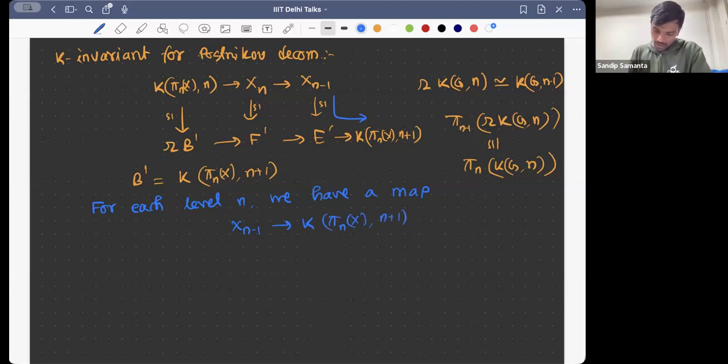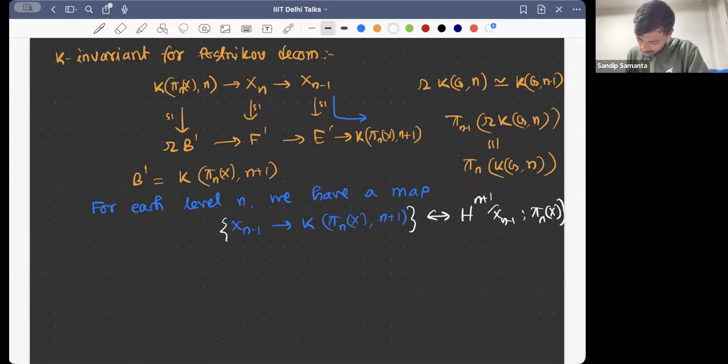And what does this correspond to? We already have seen in the last lecture that these maps are in one-to-one correspondence with H n plus 1 of X n minus 1 with the coefficient pi n X. So each such map also corresponds to a unique element in the cohomology group of X n minus 1.